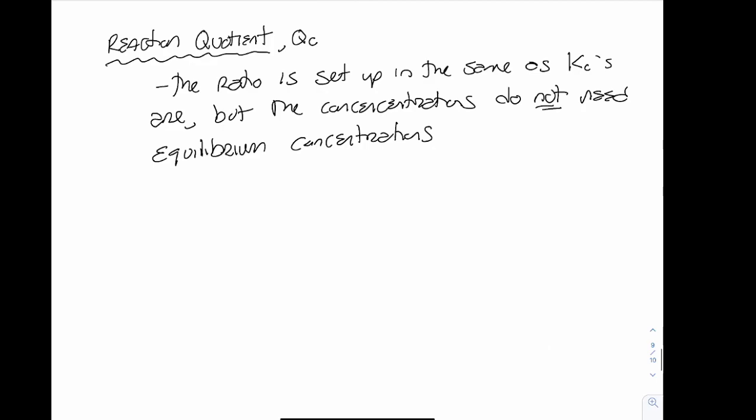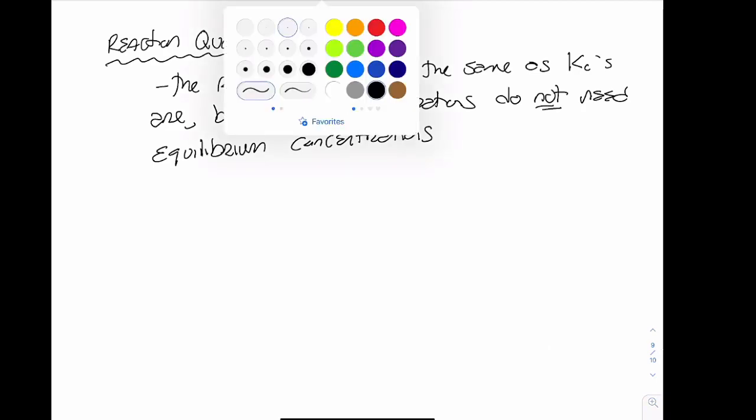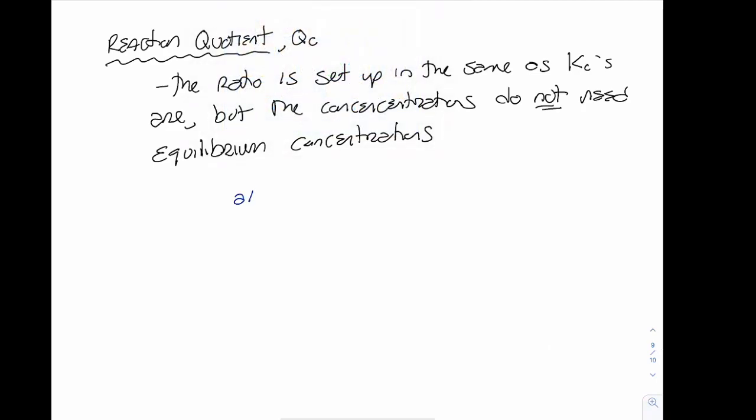So if we were to use our generic reaction, and this time I'm just going to use A and B, instead of A plus B going to B plus C. If we were to set this up for equilibrium, I would have the concentration of B on the top, and I would put an EQ here, raised to the B power, because that's my coefficient, over the concentration of reactants.